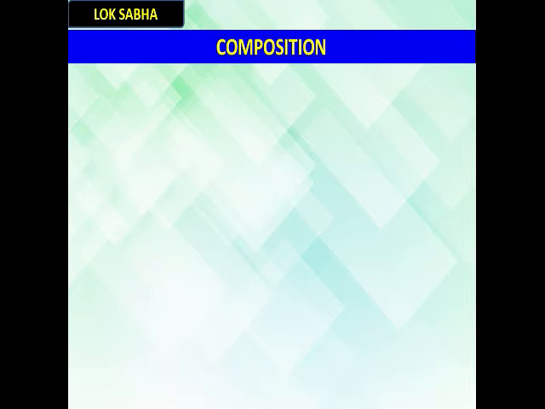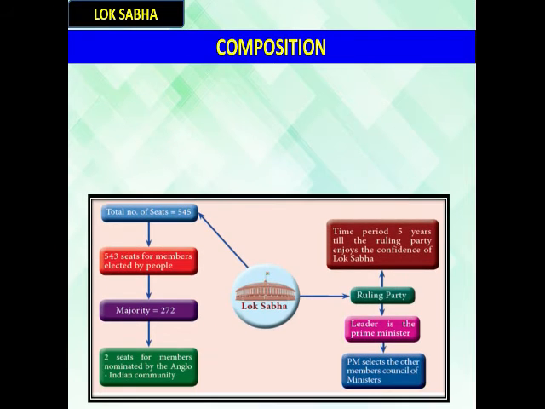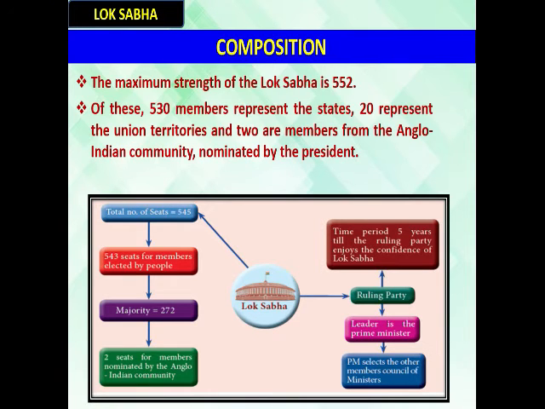So this is the election and selection procedure of the Rajya Sabha MPs, that is, members of the parliament. So let's see about the composition of the Lok Sabha. What is the composition of the Lok Sabha? The maximum strength of the Lok Sabha is 552 members. Of these, 530 members represent the states, 20 represent the union territories, and 2 are members from the Anglo-Indian community nominated by the president.